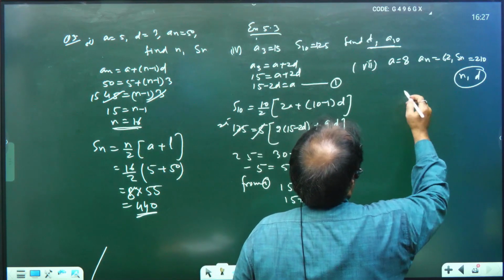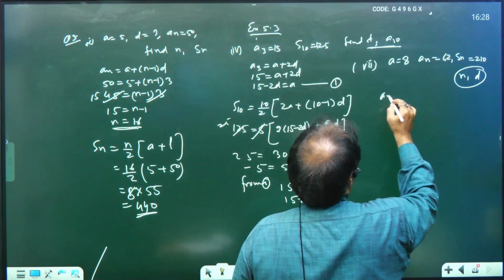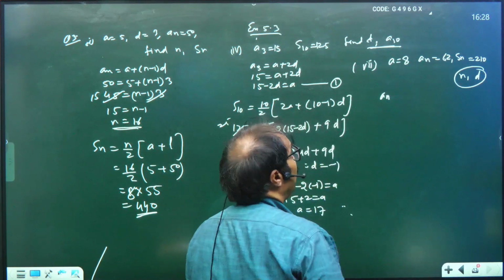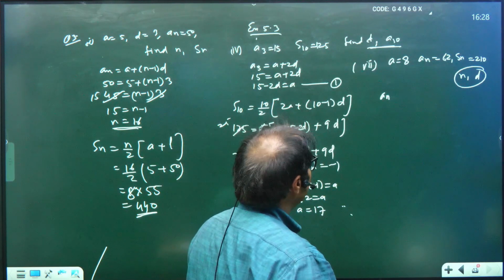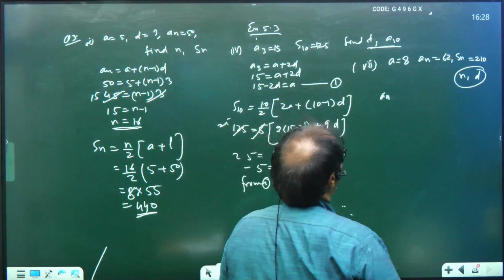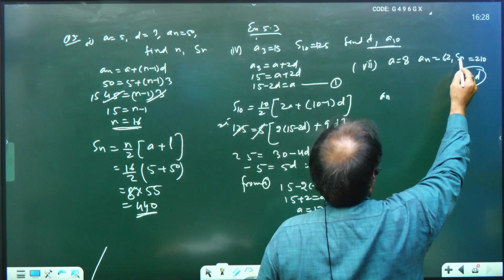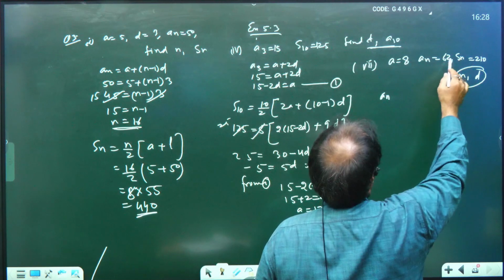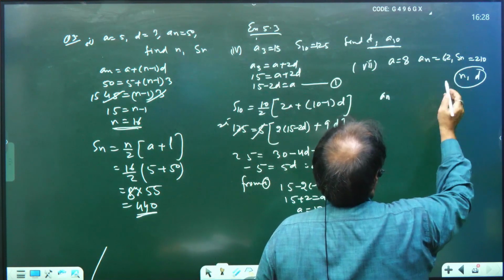So start from here: an is equal to a plus n minus 1 into d, but n we don't have, d we don't have. Or if we apply Sn, starting from Sn is equal to n by 2 into a plus L, L is given as 62, we can get n.